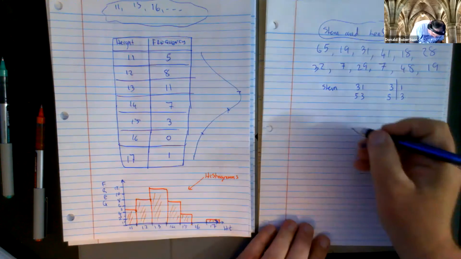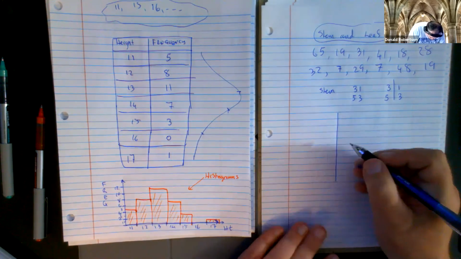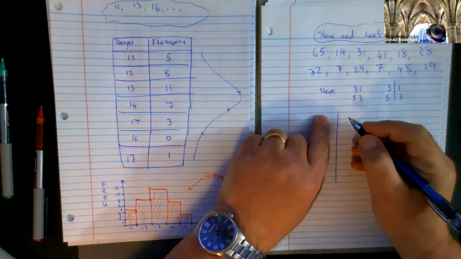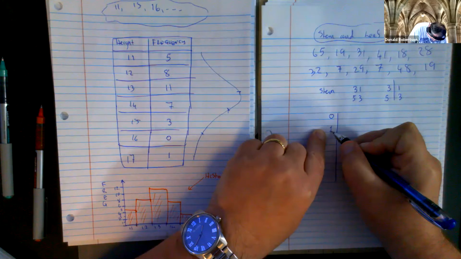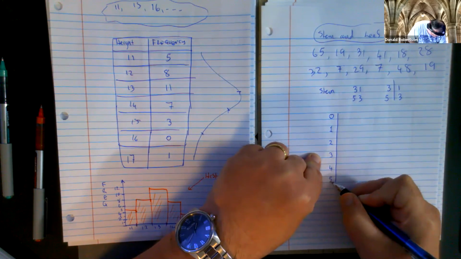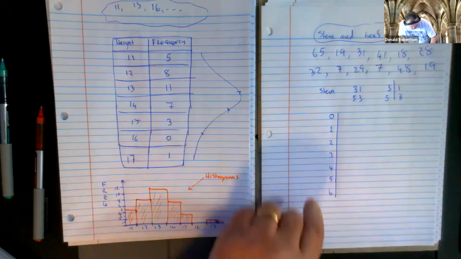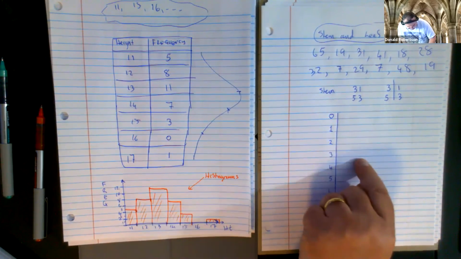So in a stem and leaf, you draw a big line like that, and we'll start with the smallest, and that's going to be 0, and then 10s and 20s and 30s and 40s and 50s and 60s. So this number basically means 60 something, 30 something, 20 something.